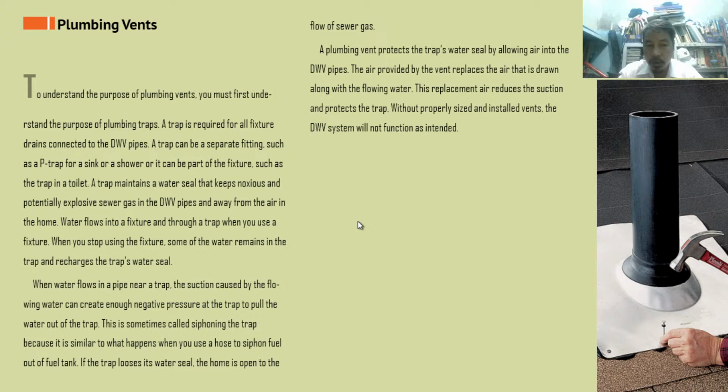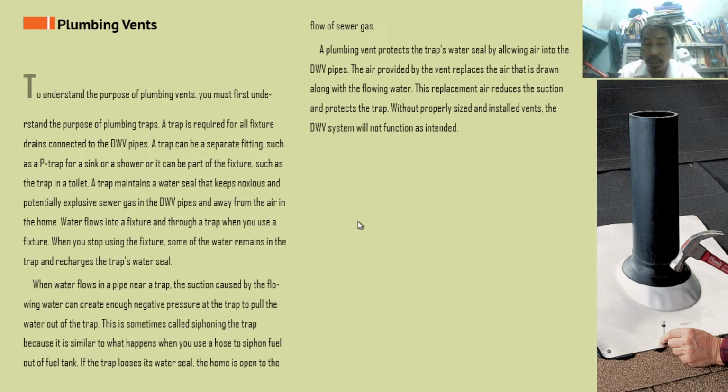If the trap loses its water seal, the home is open to the flow of sewer gas, and that means trouble. For example, if the water closet is not used for a long time, little by little the water seal will evaporate. Now what will happen?